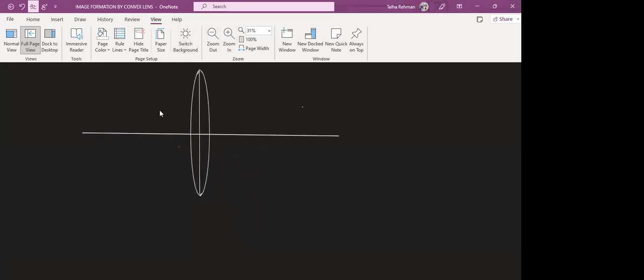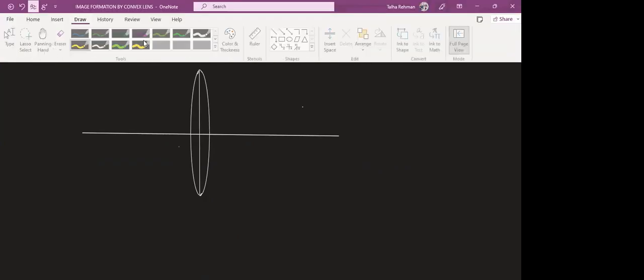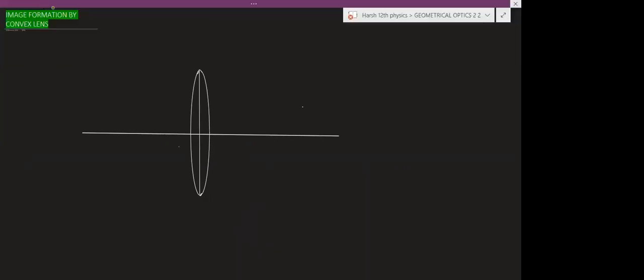So this is a convex lens, this is the principal axis, and suppose there is an object placed here, and first we will mark what is focus and all that.